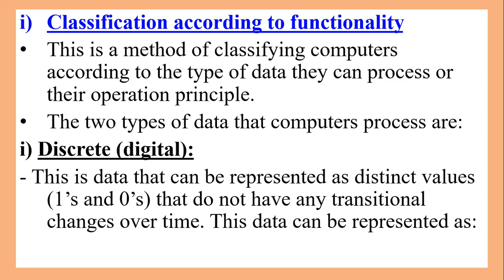The two types of data that computers process are discrete, or digital, data, which is data that can be represented as distinct values, that is ones and zeros, which do not have any transitional changes over time. And this data is normally represented as follows.